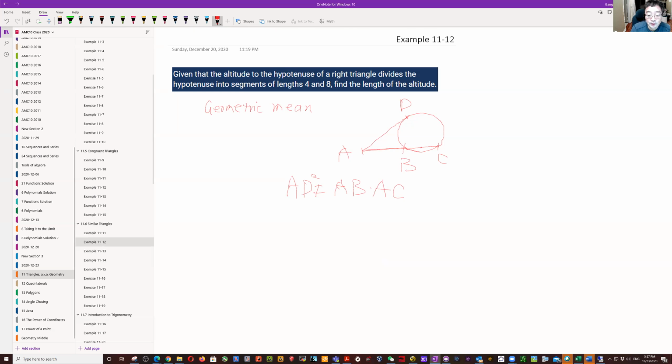For example, the altitude of a right triangle divides the hypotenuse, the opposite side, into 4 and 8. Then what is the length of the altitude?